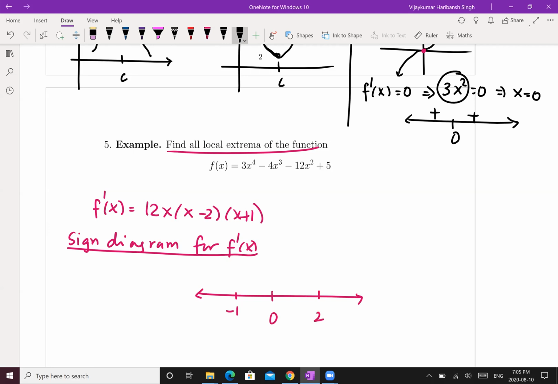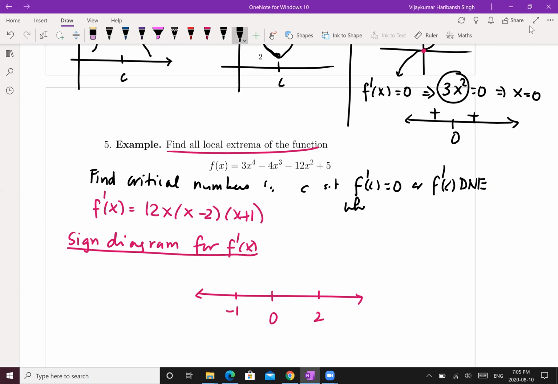So step 1 is to find critical points, or critical numbers. That is, c such that f prime c equals 0 or f prime c does not exist, where c belongs to the domain of the function.